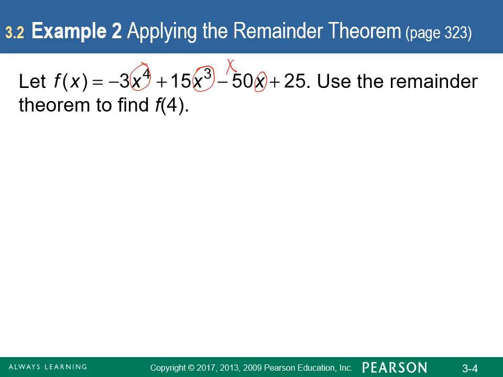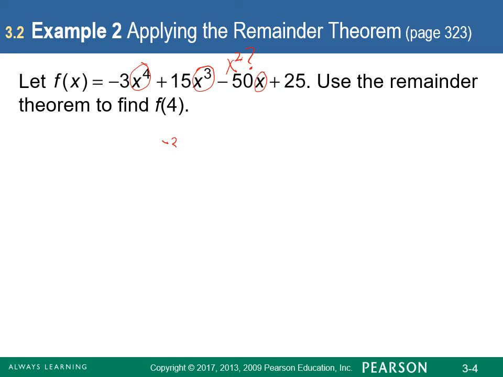How about the x to the 2? There's not one. So when we do synthetic division, we're going to have to make provisions for the x to the 2 not being there, as in this.